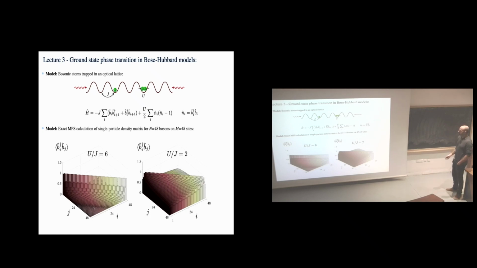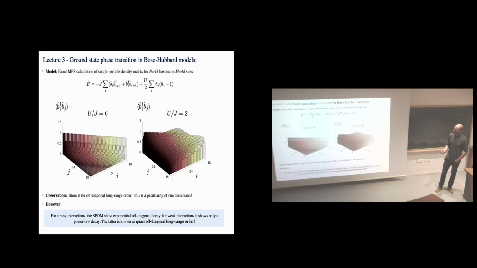On the other hand, if I go to a very weak interaction strength, I can also compute this density matrix, and I get these large off-diagonal elements in the system. Now, the important thing you see here, if you are used to 3D systems and Gross-Pitaevskii physics, is that usually your Bose-Einstein condensate or your superfluid is characterized by this off-diagonal long-range order.